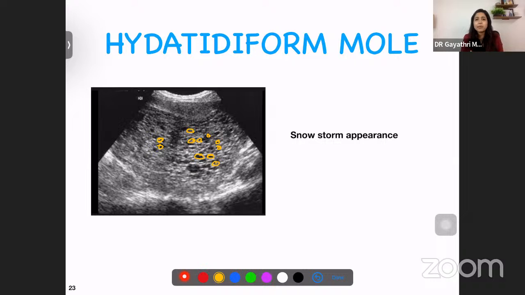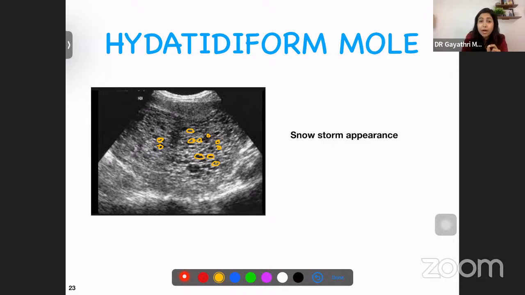Again, molar pregnancy can be divided into complete mole and partial mole, and it is the complete mole which has diffuse villous edema and hydropic degeneration. The snowstorm appearance, that is profuse cystic areas, is basically associated with the complete mole.